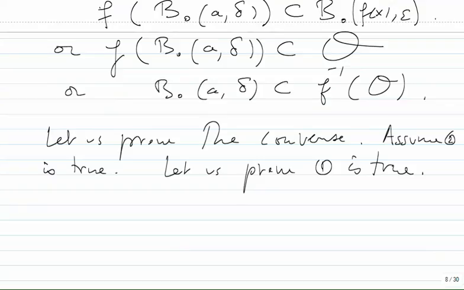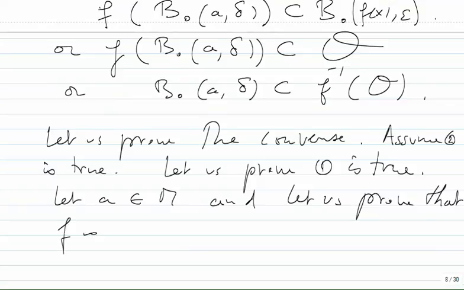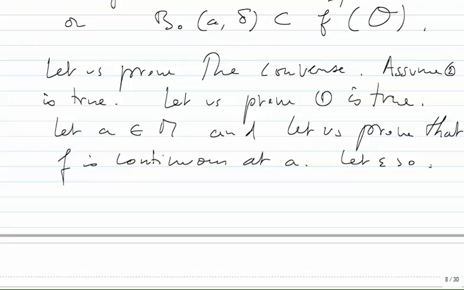In other words, let us prove that f is continuous on M. So let a belong to M, and let us prove that f is continuous at a. Let epsilon be positive. We need to find delta, and for that we consider the ball. The open ball centered at f of a with radius epsilon is open in N.